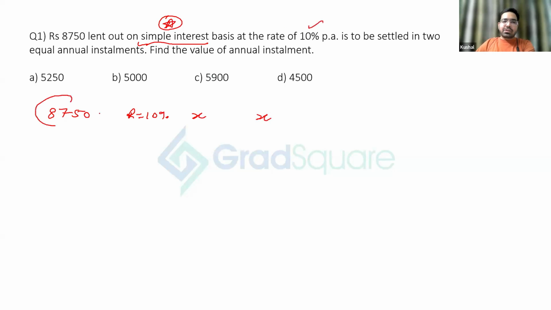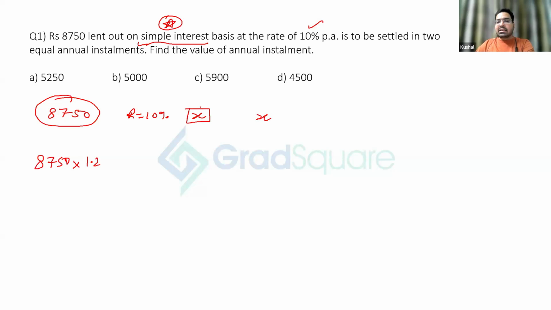What will be the value of 8750 at the end of 2 years at simple interest? 8750 at simple interest will grow by 10% each year. Principal is not changing. 10 plus 10 will become what? 20. So it will become 1.2 times. Had this been compound interest, it would have become 1.21 times.